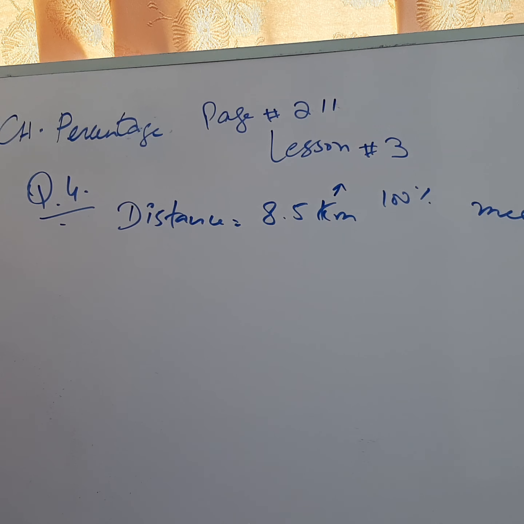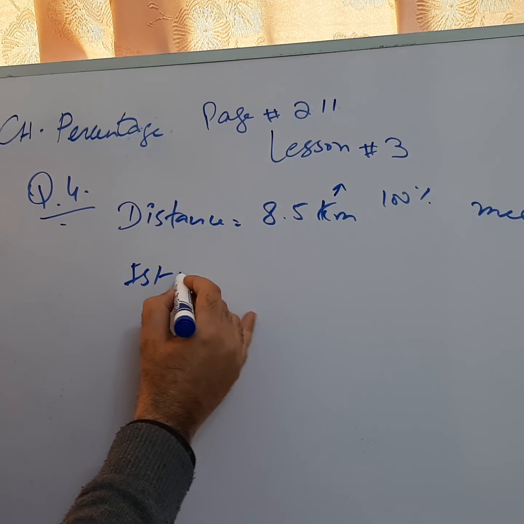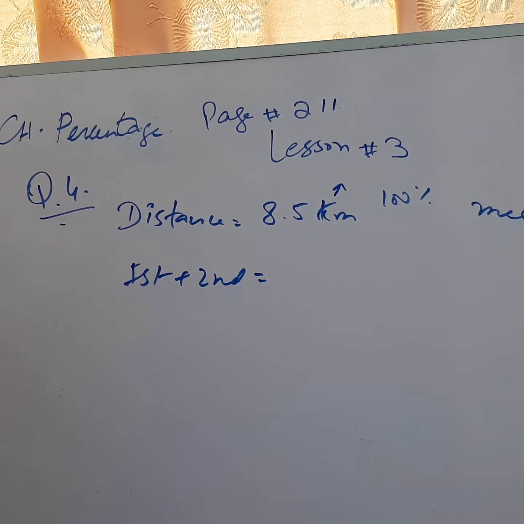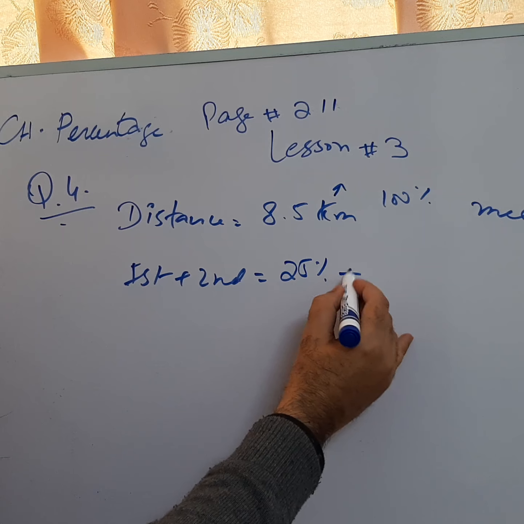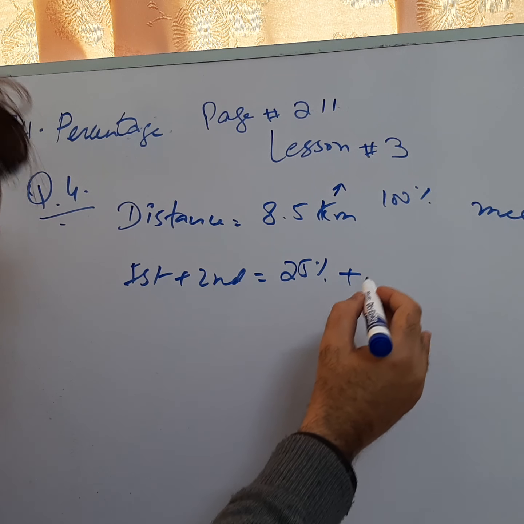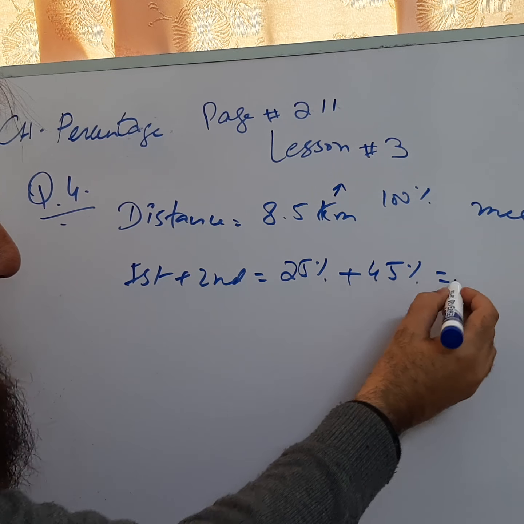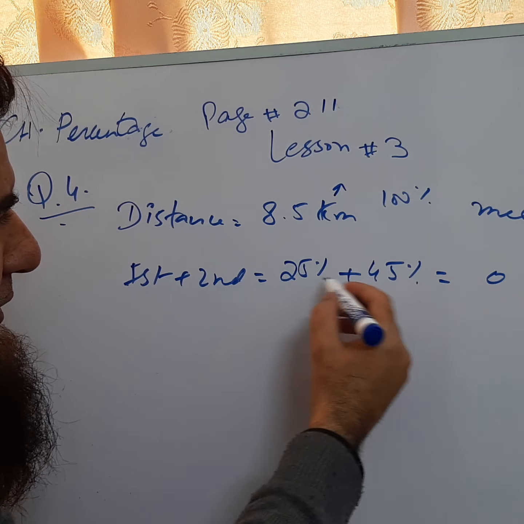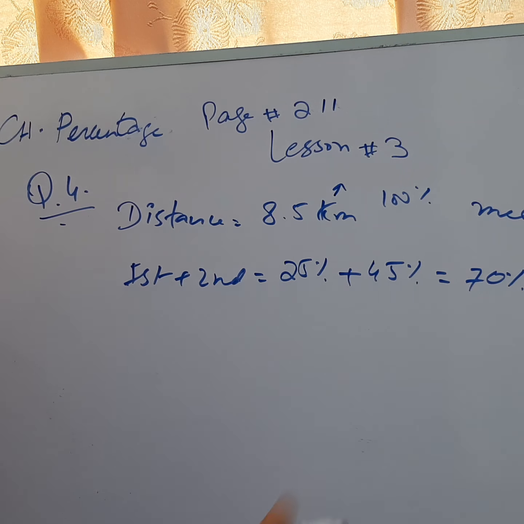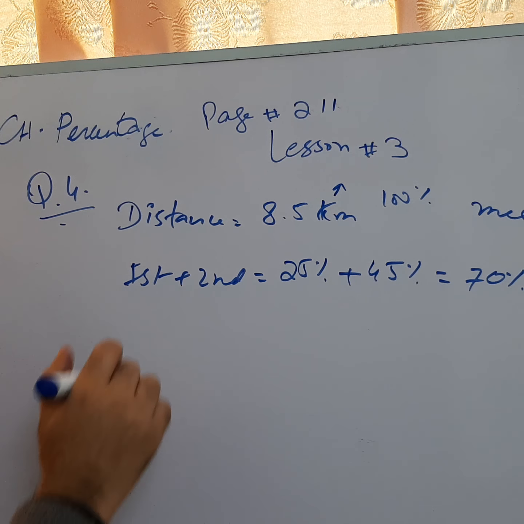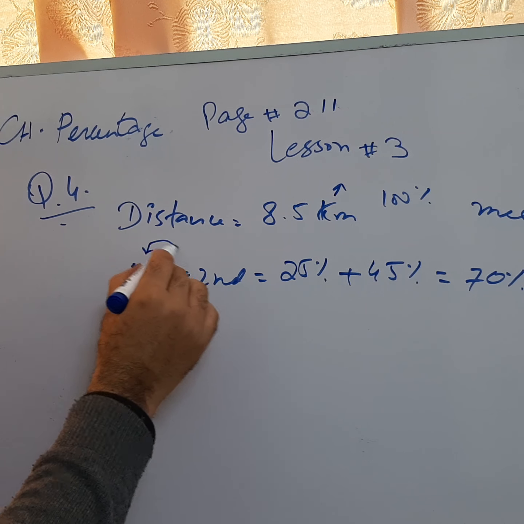First we need to see how much distance was covered by the first and second athlete. First he did 25% and the second ran 45%. If we add these two, we get 70% of the distance covered by the first and second.